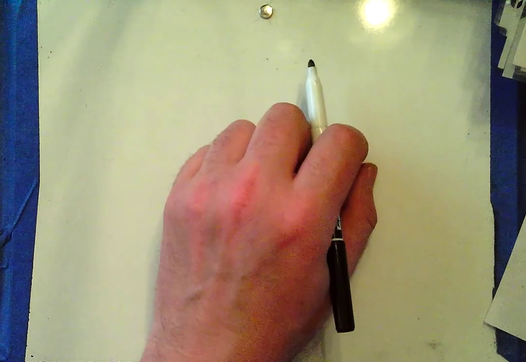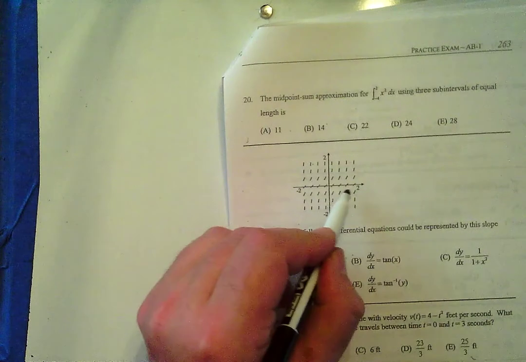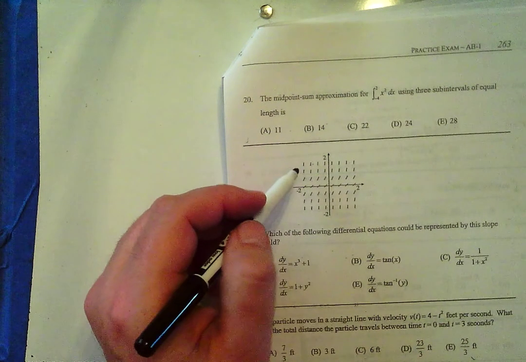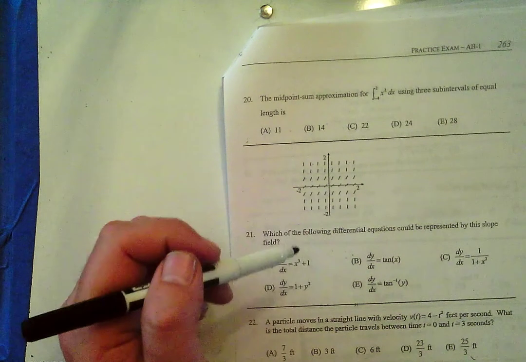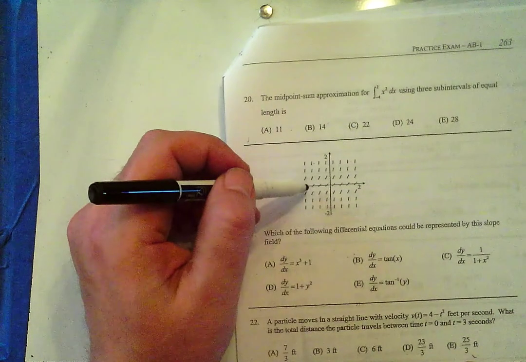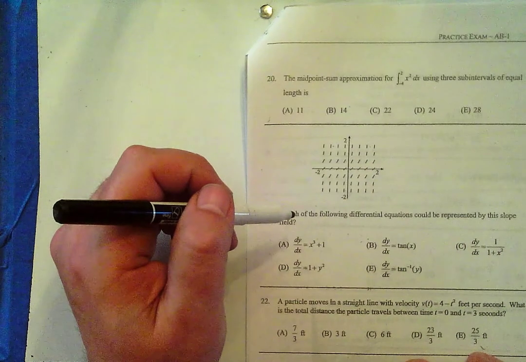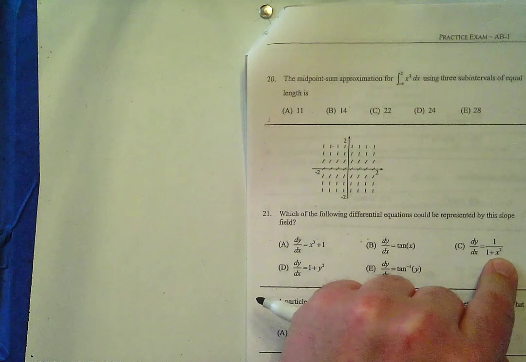dy dx equals. Okay, so when y equals 0, I have this positive slope. In fact, I always have a positive slope, no matter if I plug in a negative or a positive. I also see these are all the same slope. And if I plug in different x values here, I won't always get the same y value.